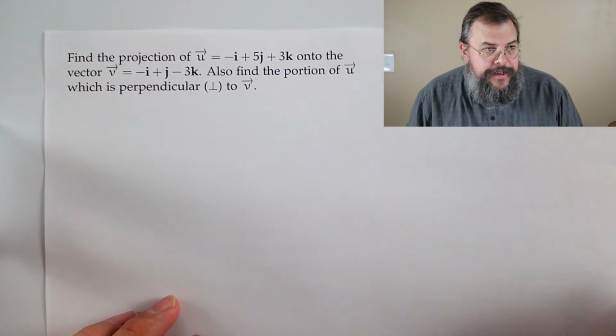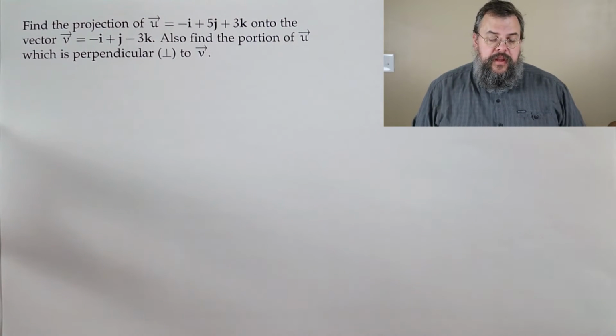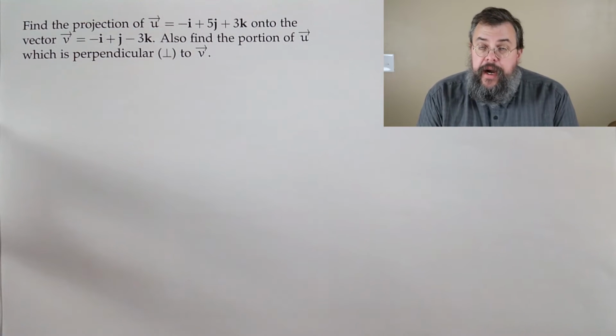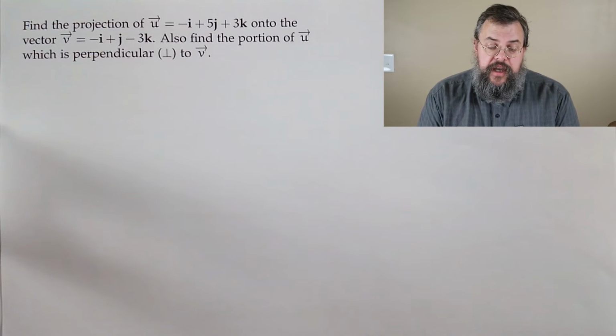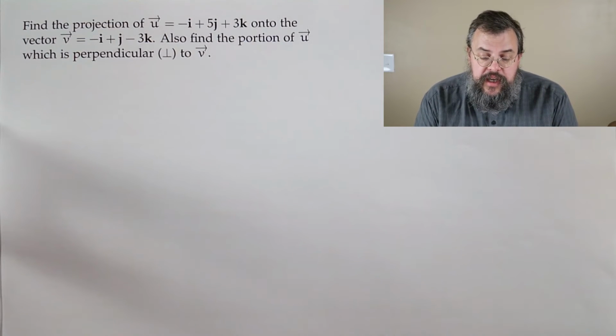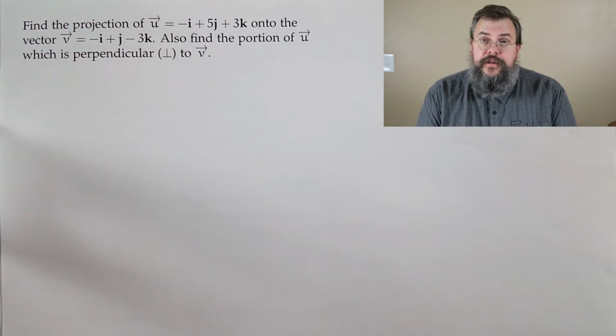Well, let's try another one. Okay. So find the projection of the vector u, minus i plus 5j plus 3k, onto the vector v, minus i plus j minus 3k, and also find the portion of u which is perpendicular to v.